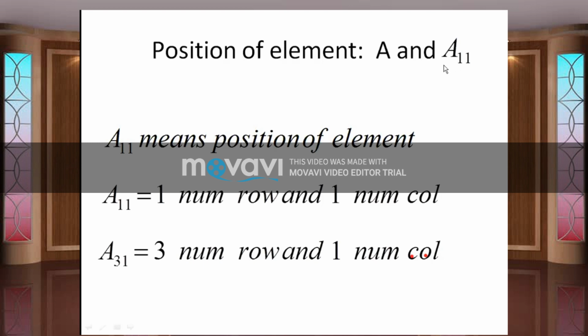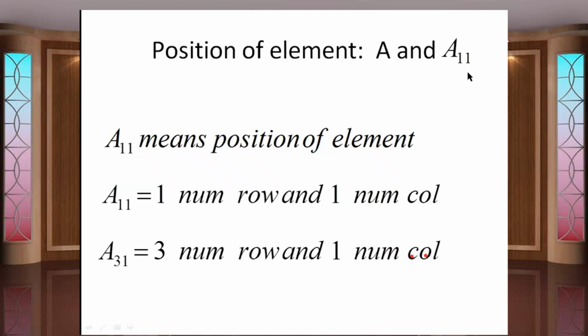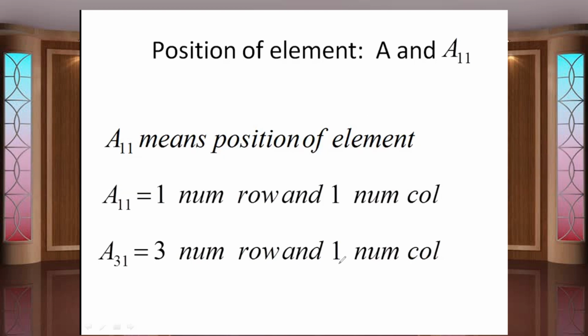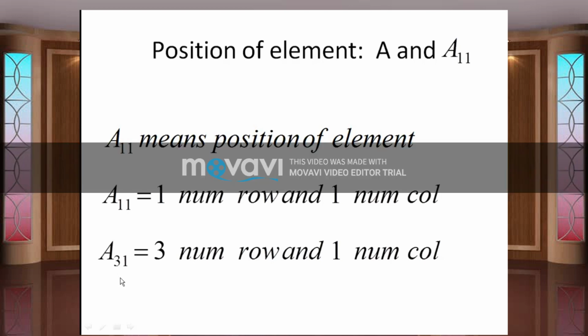But whenever you see A11, it is not the matrix name, it is an element of the matrix. A11 means the position of one number row and one number column. Similarly, if I write A31, that means the element in 3 number row and 1 number column.